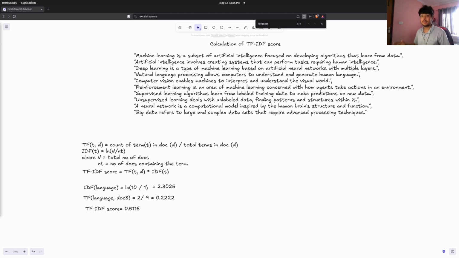Later, at the time of searching and giving results, the TF-IDF score plays a very significant role because we need to sort each search result on the basis of the TF-IDF score. A higher TF-IDF score generally means that the term is relevant for that document. The TF score is larger if the frequency of the term in the document is higher, and the IDF is generally larger for rare words.